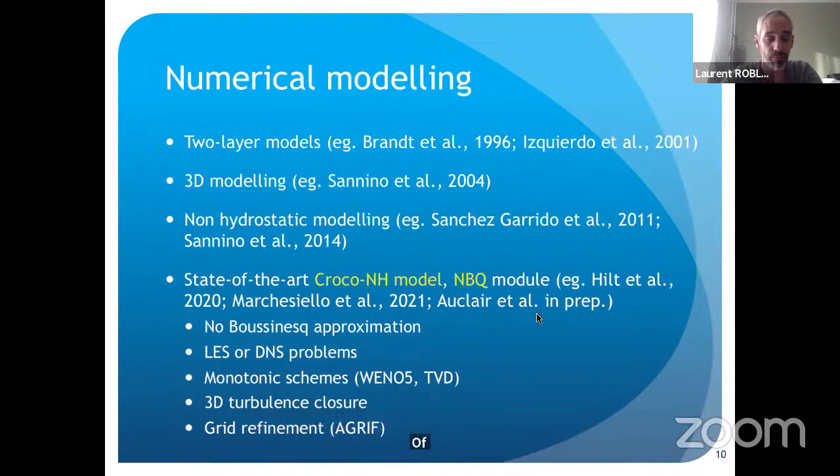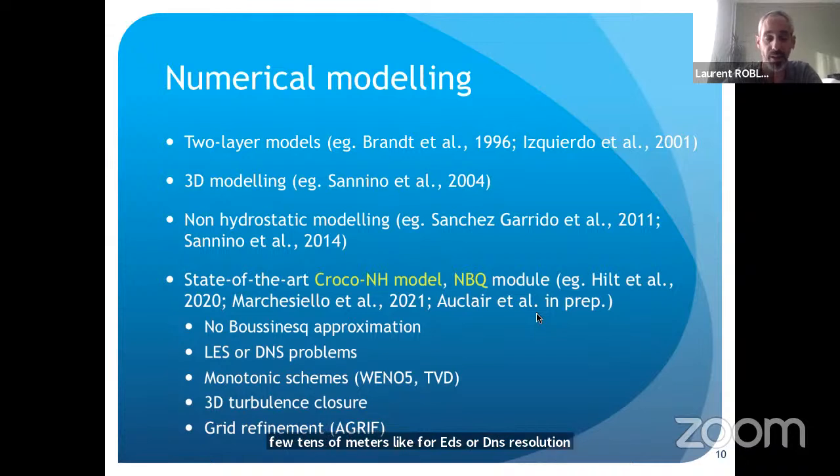And you now have a fully 3D fast mode solver resolving all waves down to acoustic waves. So this NH solver can be used in problems from a few tenths of meters, like for LES or DNS resolution.